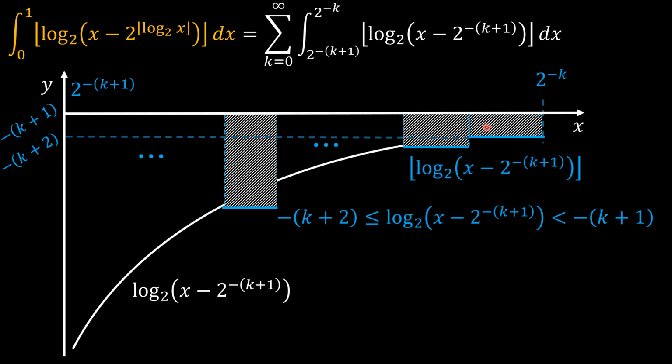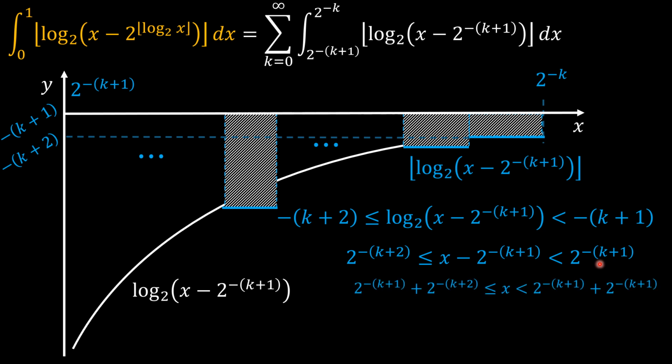That means that x minus 2 to the power negative k plus 1 is, taking the power of 2 on both sides, greater or equal to 2 to the power negative k plus 2, and less than 2 to the power negative k plus 1.